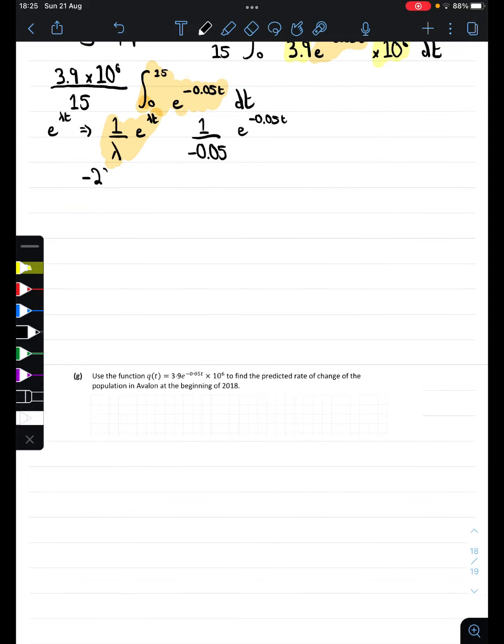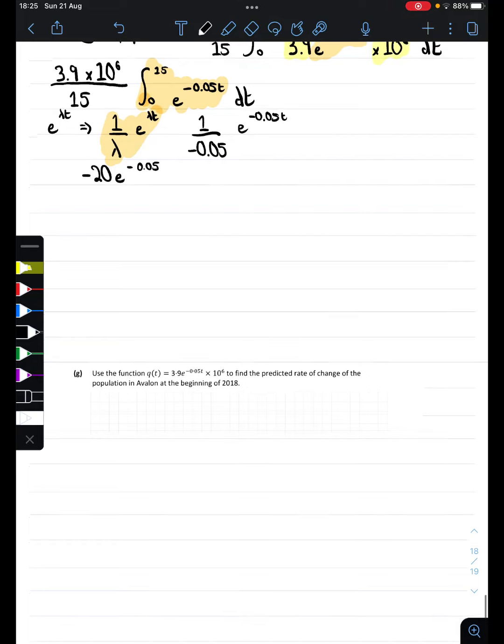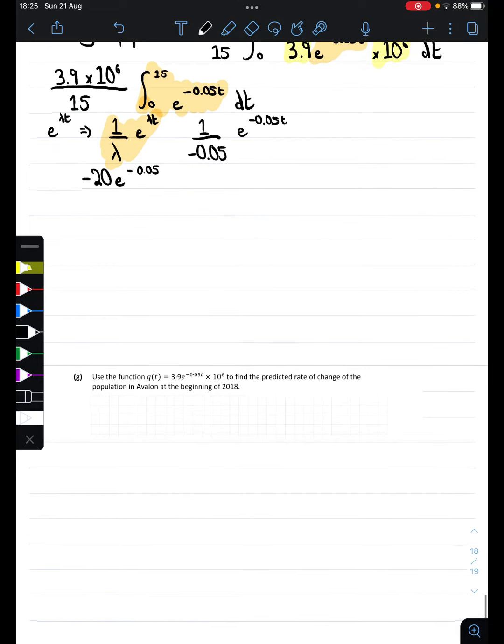So we get minus 20 e to the minus 0.05, and then we have to evaluate it between our 0 and 15. So we'll start off with 0, 15, and then minus it evaluated at 0, minus 20 e to the minus 0.05 by 0.